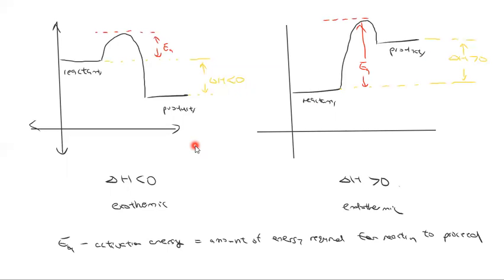So think of activation energy like an initial cost. Even though you get a net gain, you still need to pay an entrance fee, right? And in this one, the entrance fee is higher than your gain, so you lose money overall. So let me ask you: if the activation energy is high, is it easy to do?